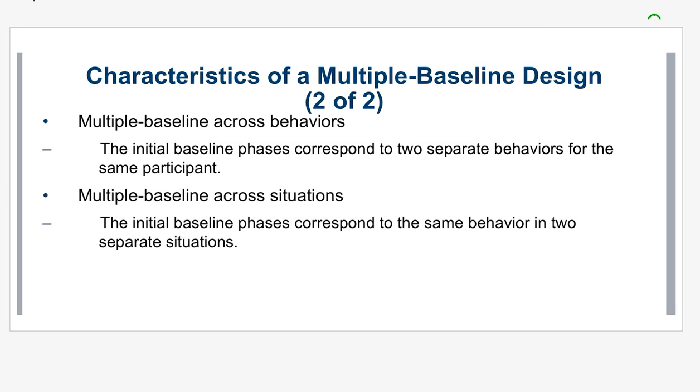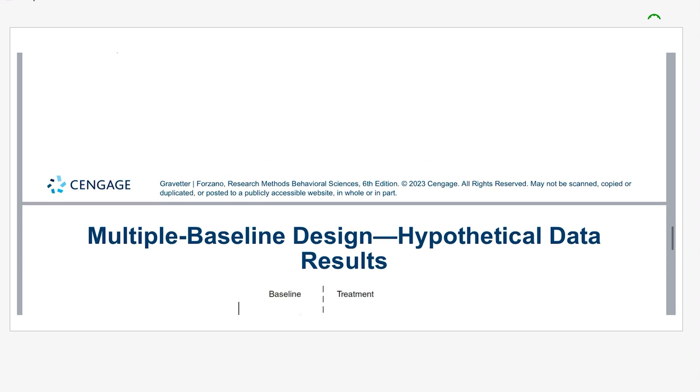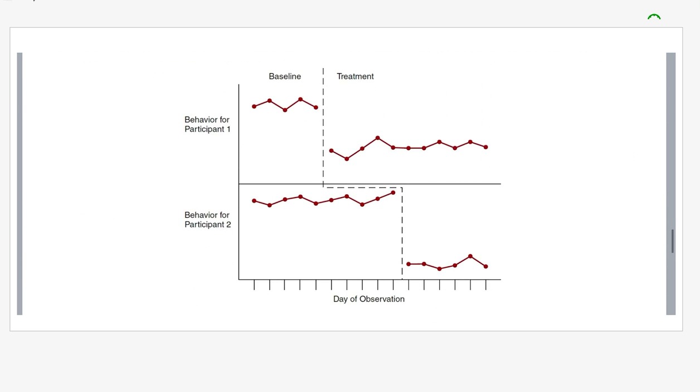So the example your book gives is a student who is disruptive at school, but is also disruptive at home. Again using this same visual, let's say that the top part is behavior at home, and the bottom is behavior at school.